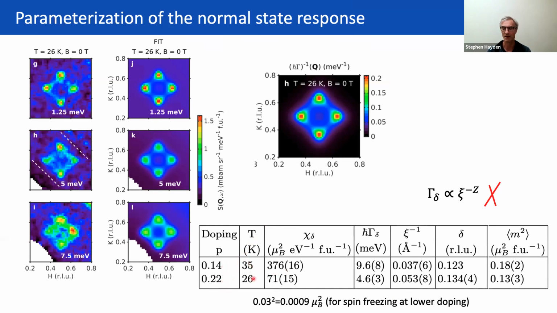You can see that the energy scale has dropped, and the correlation length has actually decreased, so the inverse correlation length has increased. I've plotted the inverse correlation length here to confuse you. Normally when the energy scale drops, the correlation length would increase if we're going to some quantum critical point, but it hasn't. It's gone the opposite way.